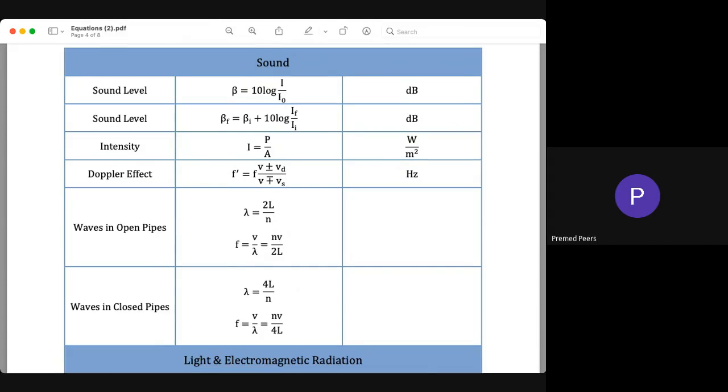I found this equation sheet super helpful just to have everything in one place, so I would recommend using it. Let me go back to sharing the PowerPoint.